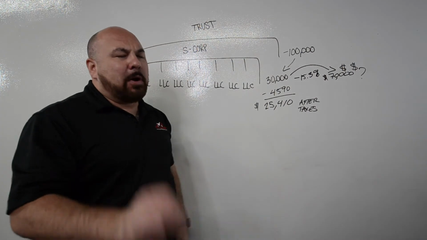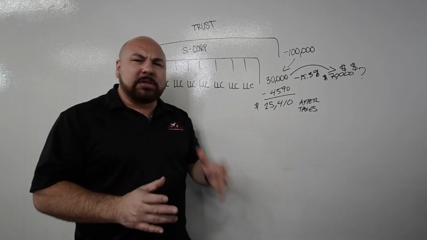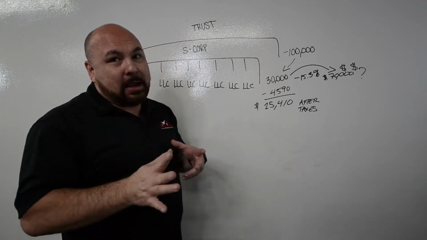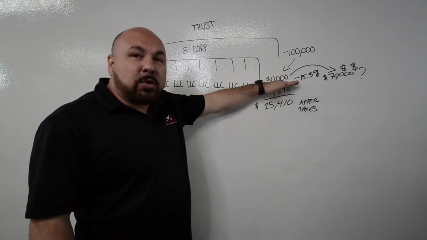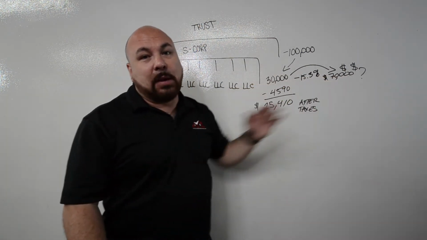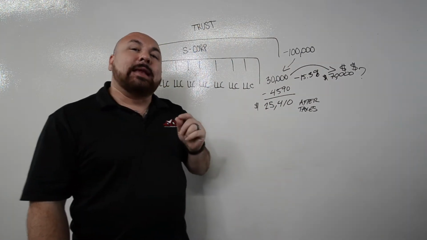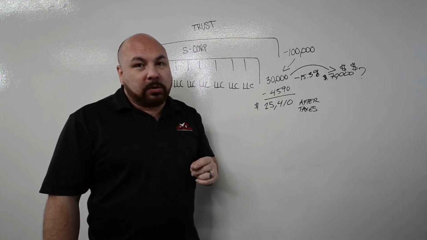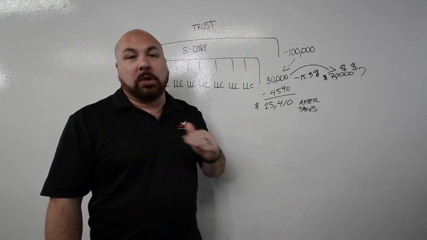Now here's the big part. But Jay, what happened to the other $70,000 that was in the business? What happened to that? Well, check this out. So because it's an S Corp, that $70,000 that was left over can now be sent out to shareholders in the company. Those shareholders are you and you alone.